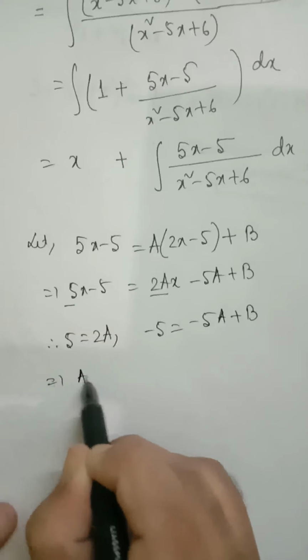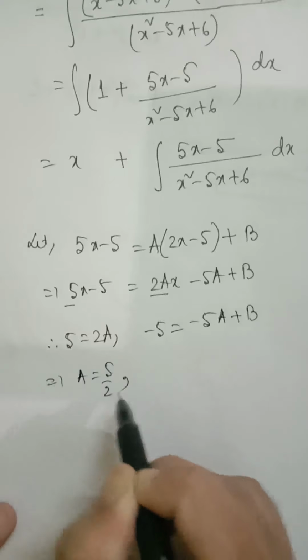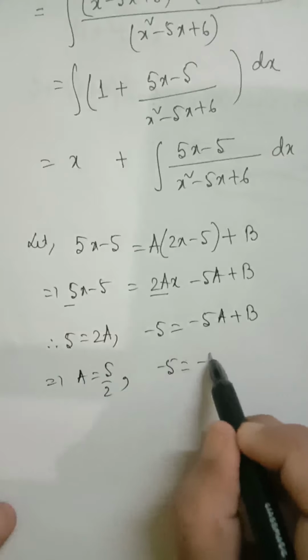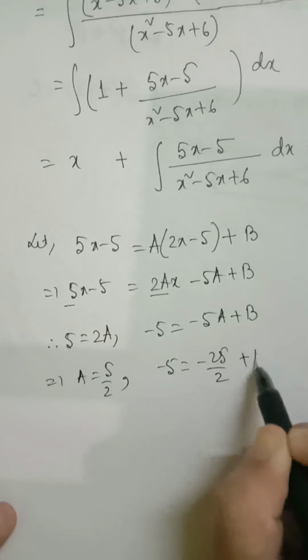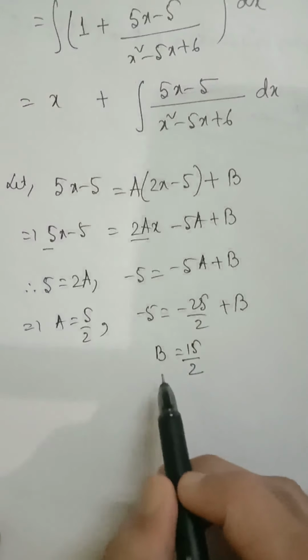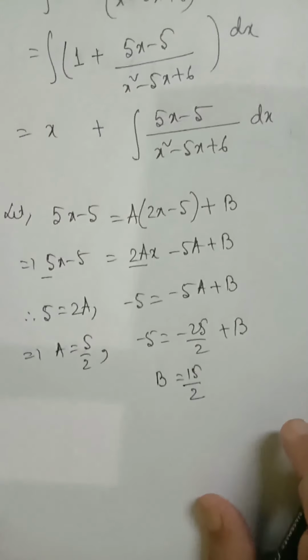From this we'll get a equal to 5 by 2. So minus 5 equal to minus of 25 by 2 plus b. And from this we get the value of b, which is equal to 15 by 2.